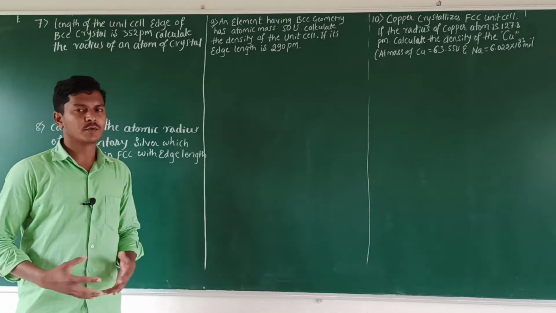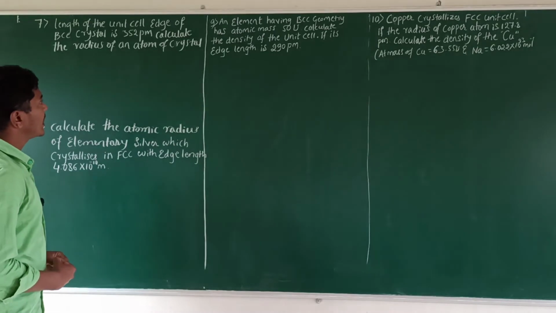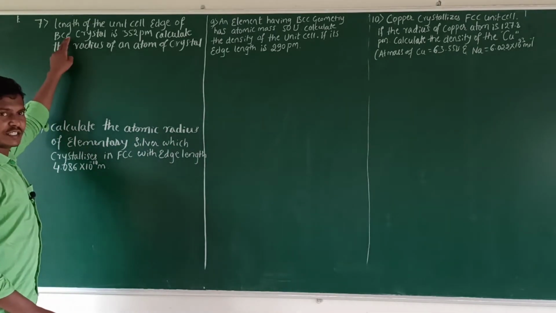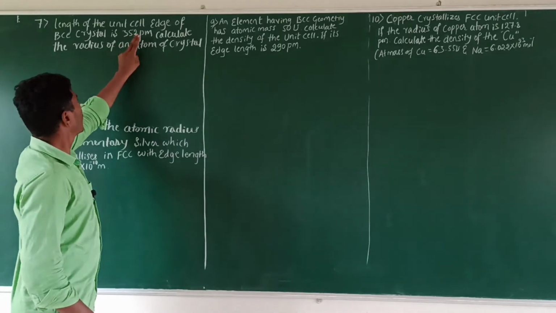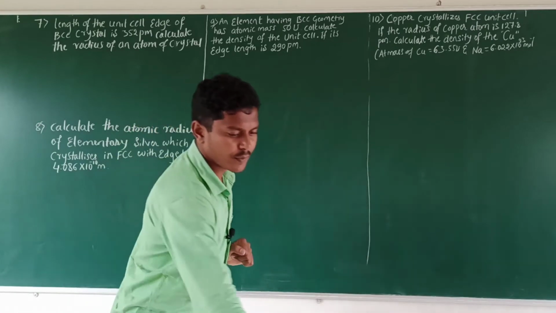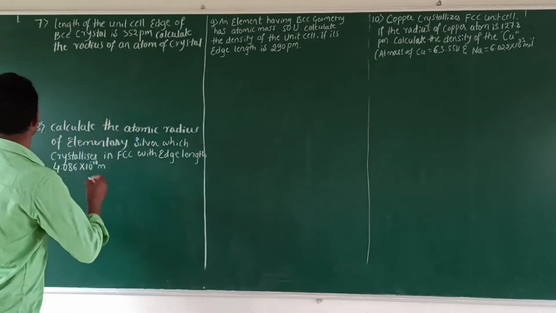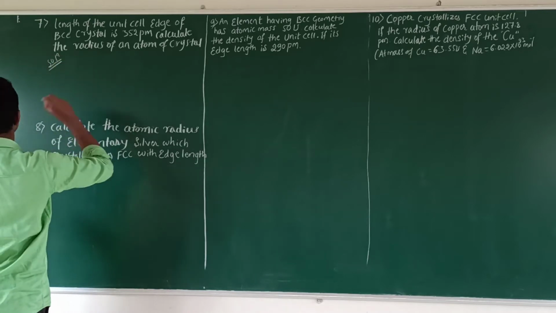Okay, come to the next question. The length of the unit cell edge of a BCC crystal is 352 picometer. Calculate the radius of the atom of the crystal. Okay, how? Solution, how do we solve?